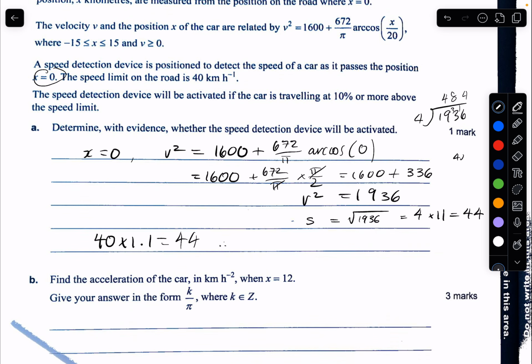Therefore, the speed device will be activated as the speed is 10% greater than 40 kilometers per hour.